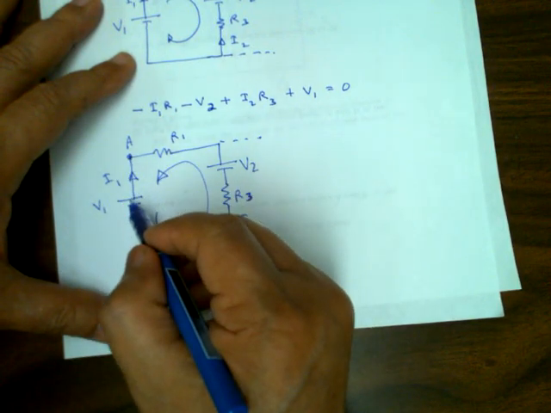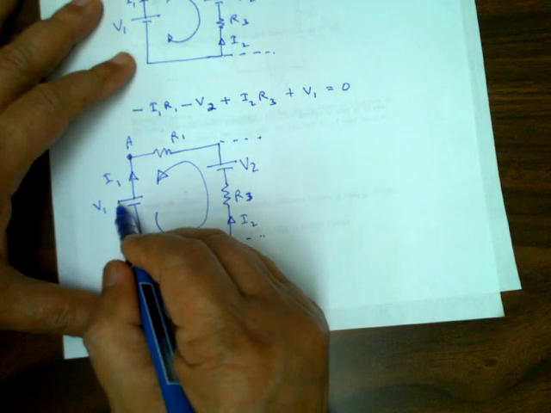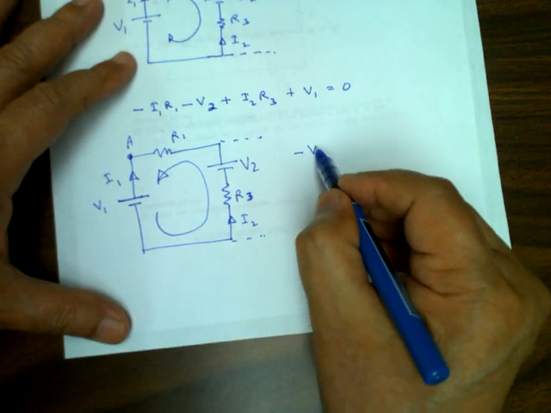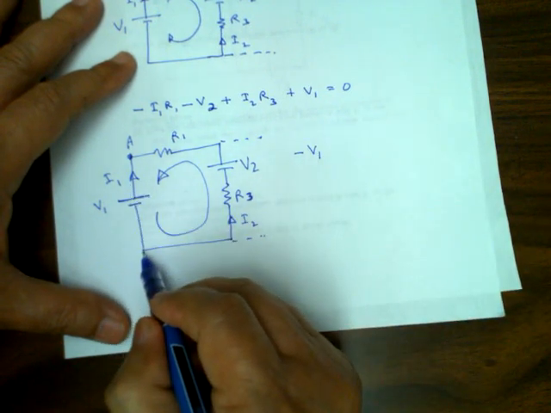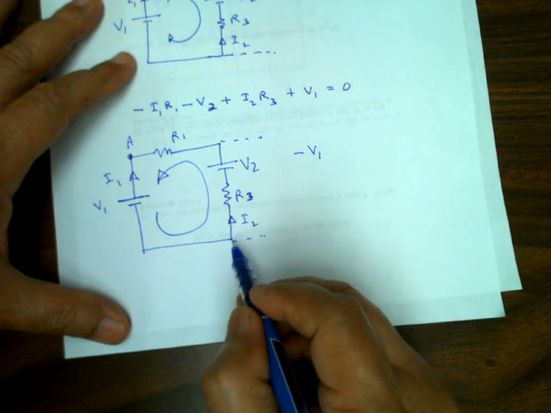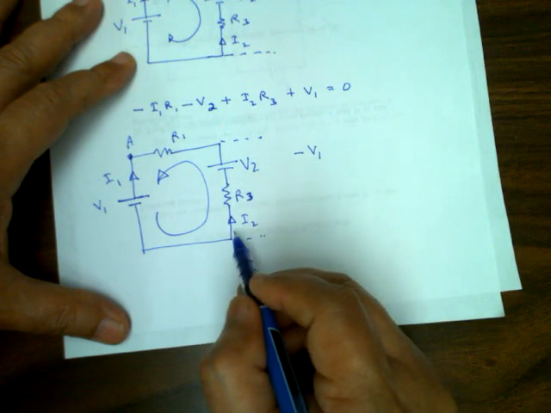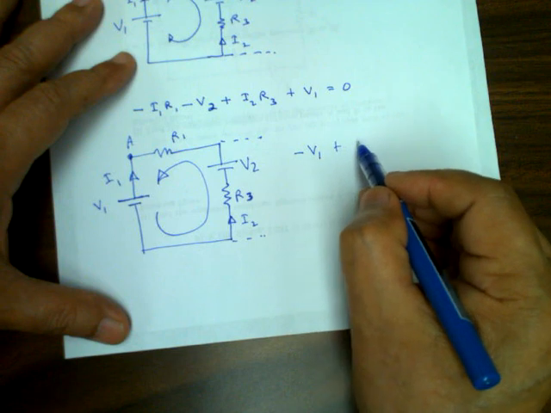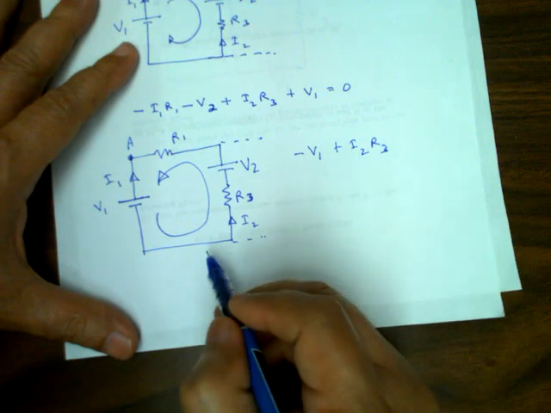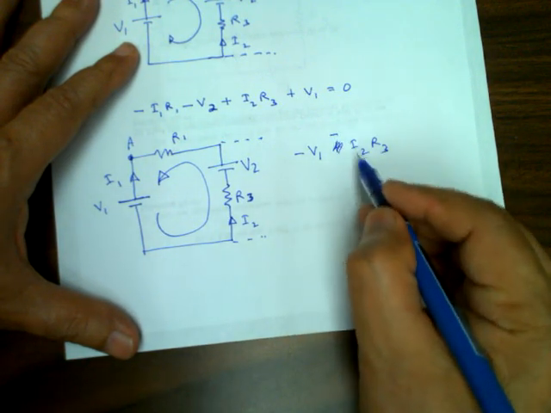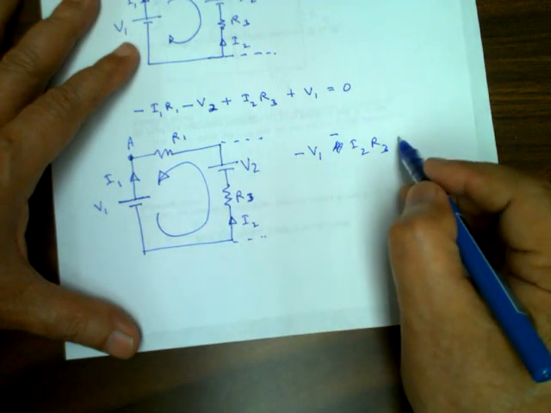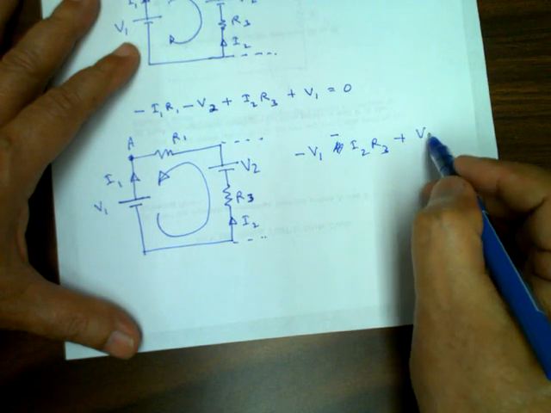If I am going down, then I see long terminal and then short terminal, so I get minus V1. Come down, I'm walking counterclockwise. Come down here, then go up. So I'm now in the same direction as the current I2. So it will be plus I2 R3. Oh, sorry. In the same direction as the current, so minus I2 R3. And then I get short to long, so I get plus V2.